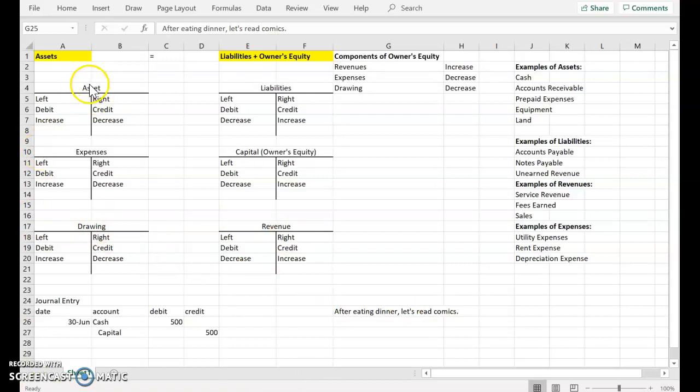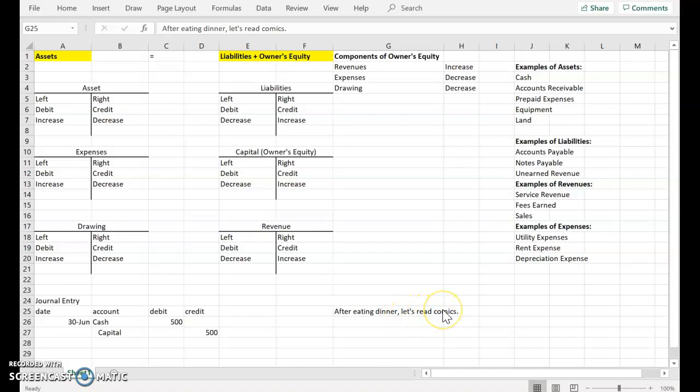So if I need to make any asset, expense, or drawing go up, I'm going to debit it. And if I need to make any asset, expense, or drawing go down, I'm going to credit it. So if I use cash, that would be a credit because I have decreased cash. So let's look on the right side of the comma.